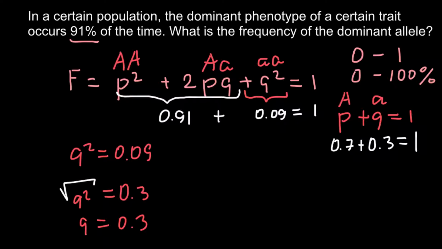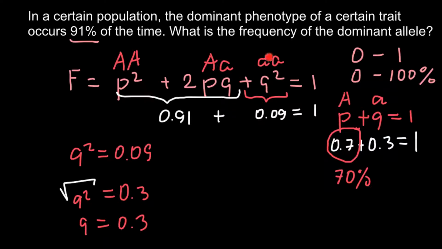So now we know the frequency of the recessive allele, which we can find here and here. And we know the frequency of the dominant allele, which equals 0.7 on this scale, or 70% on this scale. We just have to multiply this number by 100.